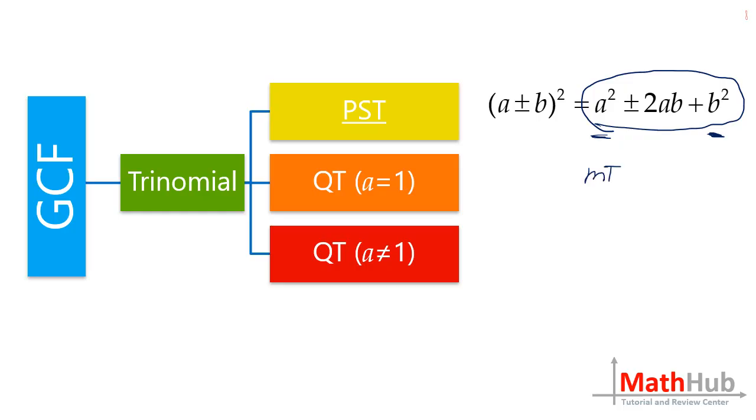And the middle term is equal to twice the product of your numbers here. Alright, so if that's the case, then in order to factor that, you just get these two numbers inside your parenthesis. If the sign of the middle term is plus, this one will also be plus, then they should always have the same sign.